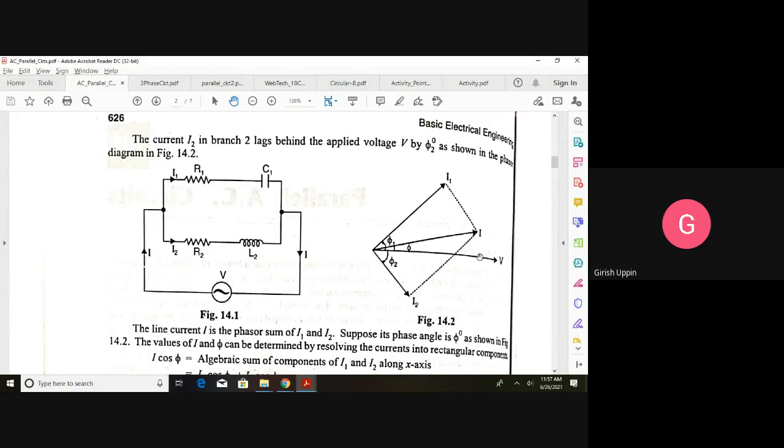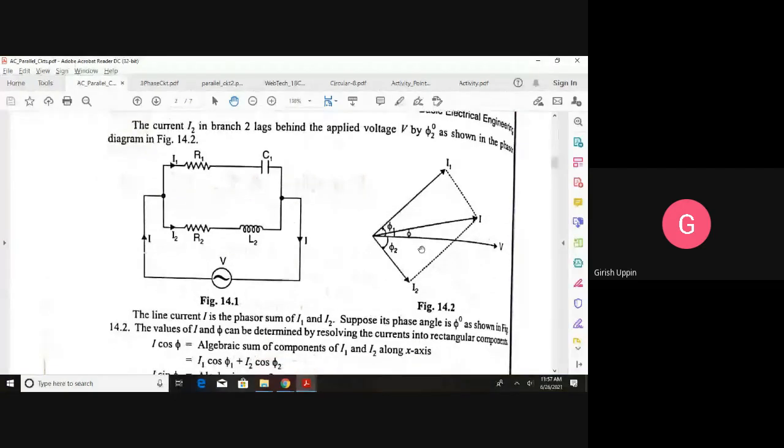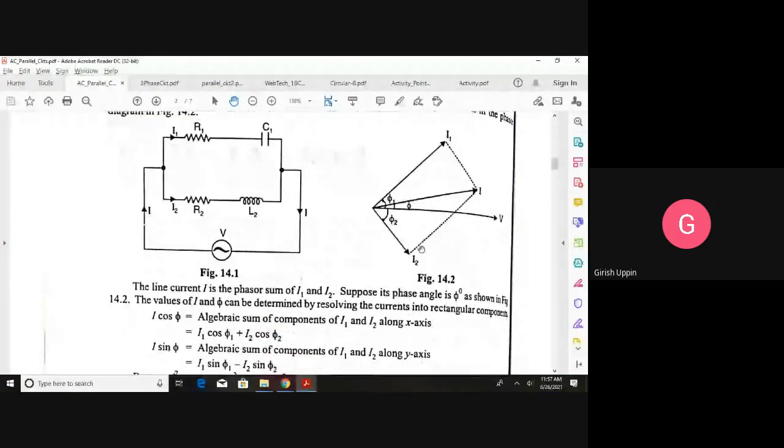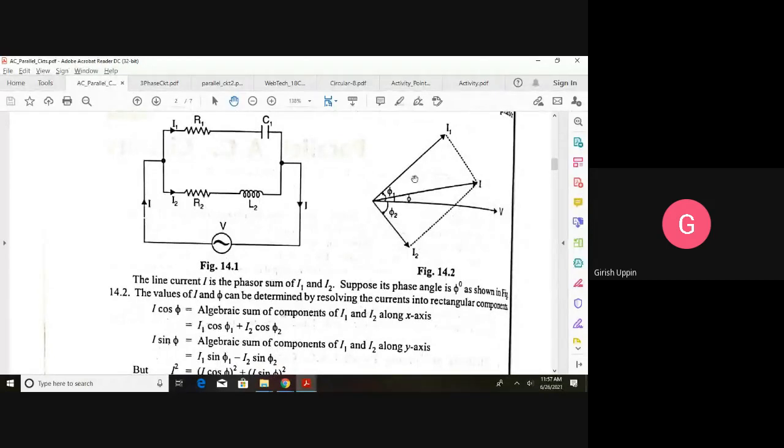And the relation between the voltage and the current, the phase difference between them, can be easily found out, and accordingly we can write the equation. Now here, how to find this I? We can resolve I2. We already know that we can resolve I2 into x-axis and y-axis components. On the x-axis it would be I2 cos phi 2, and on the y-axis I2 sin phi 2.